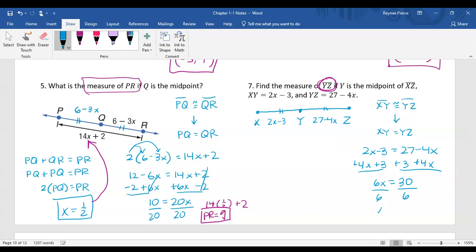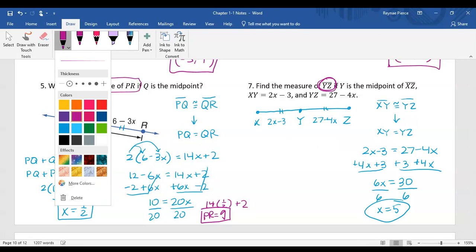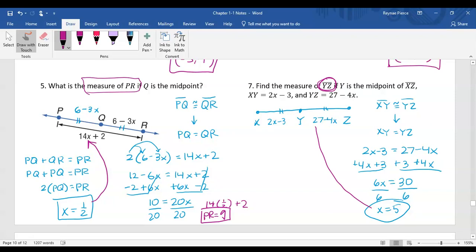Divide both sides by 6, and I get an x value of 5. But remember, we're not done. We want the length of yz, so I'm going to put that into 27 minus 4x and substitute my x value in. 4 times 5 is 20, which means that the length of yz is 7.